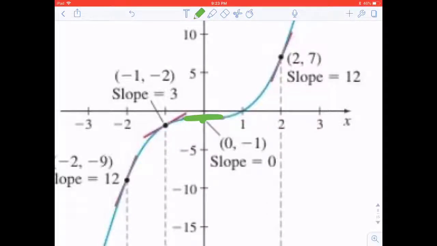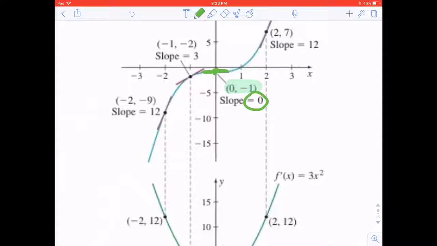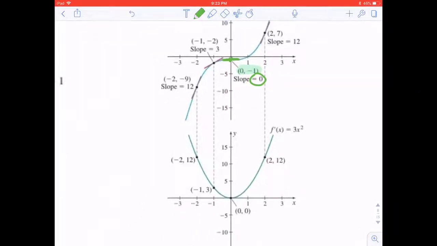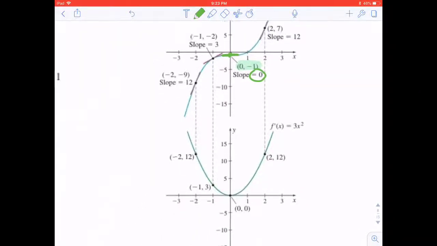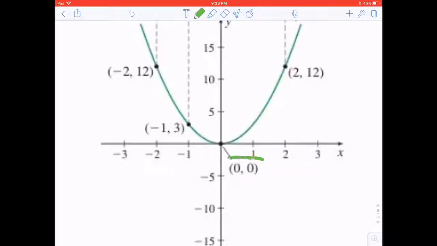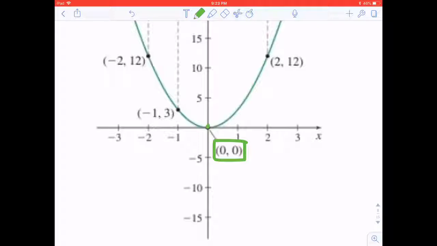At 0, negative 1, that's the point right here, the slope is equal to 0. So if I come down to my derivative function, this right here is the point that comes from that. The y value of this derivative function is actually the slope at that x value.